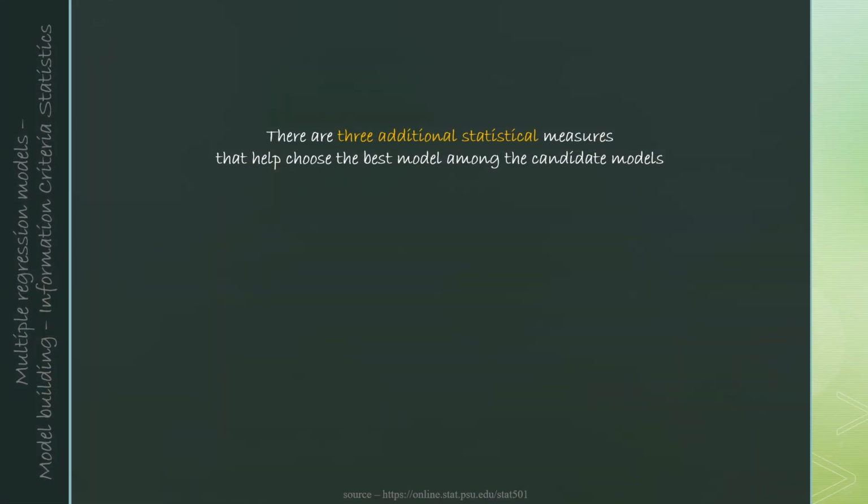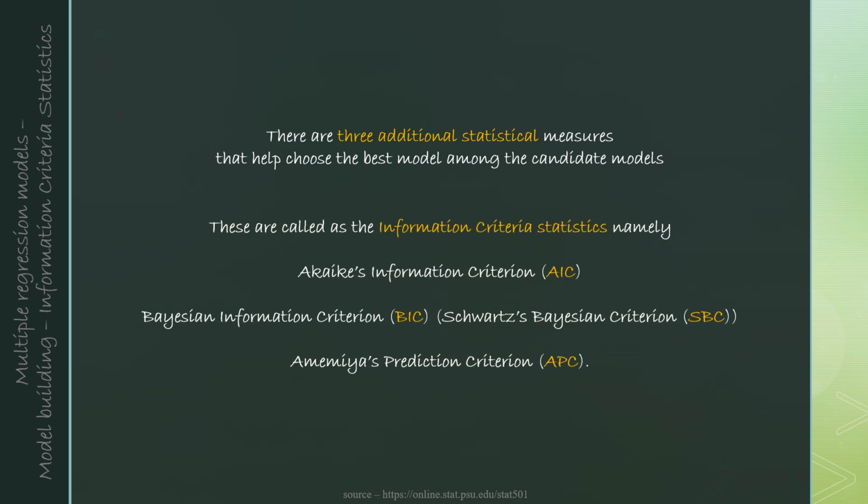There are 3 additional statistical measures that help choose the best model among the candidate models. These are called the information criteria statistics, namely Akaike's information criteria AIC, Bayesian information criteria BIC, also called Schwarz Bayesian criteria SBC, and Amemiya's prediction criteria APC.